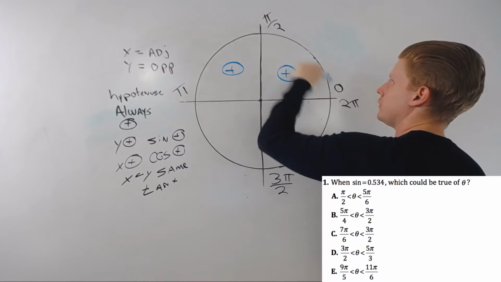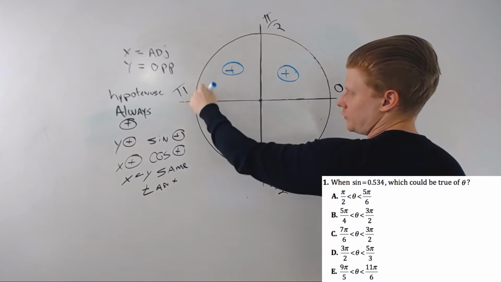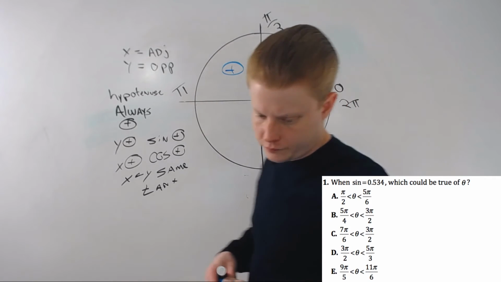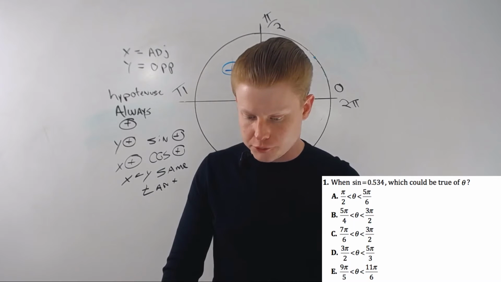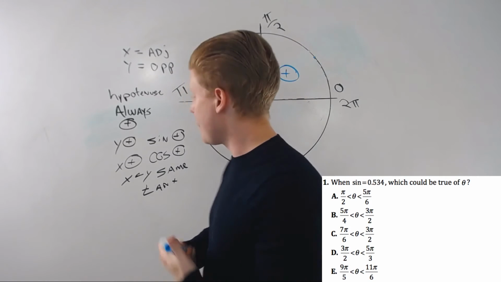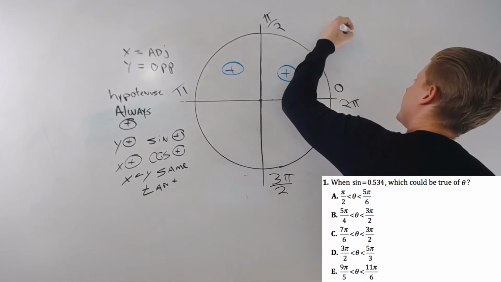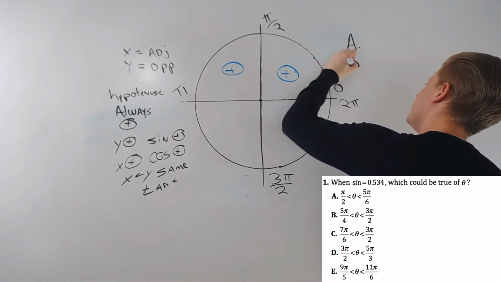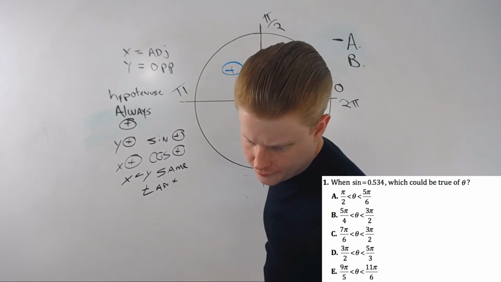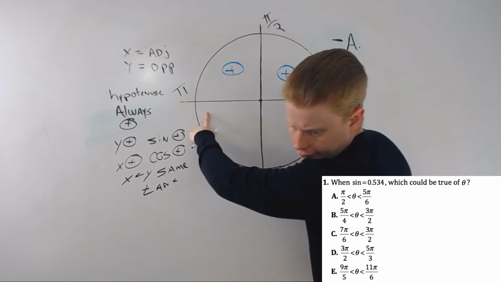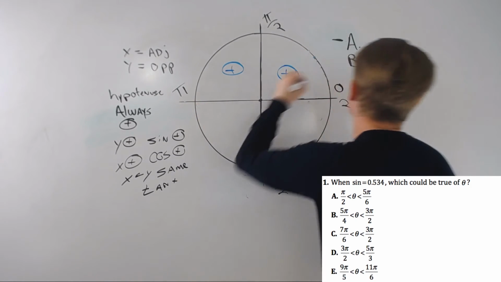So either between 0 and pi over 2 or pi over 2 and pi. A looks promising, so let's hang on to it. B, 5 pi over 4, that's over here. That's out. B's out.